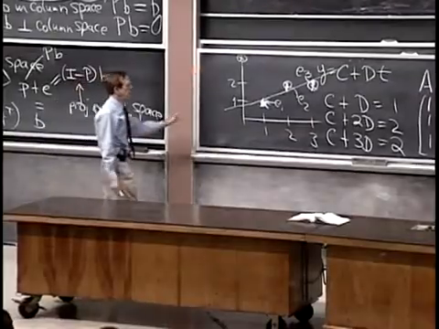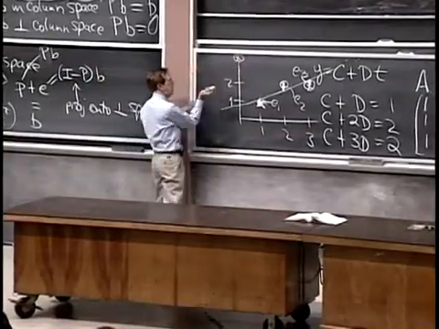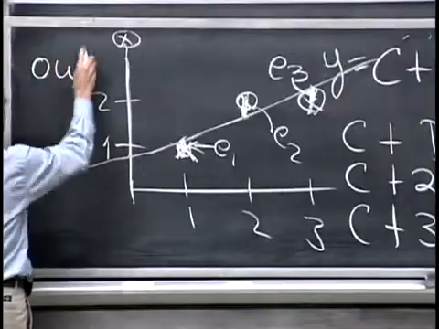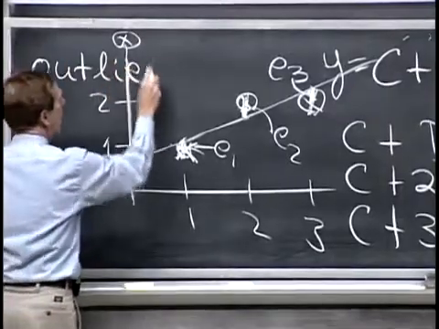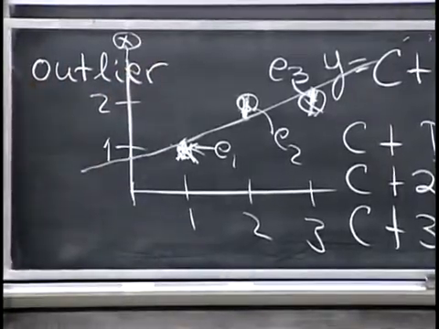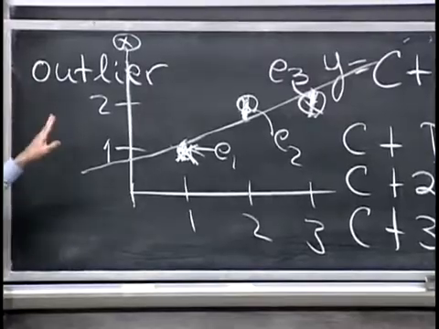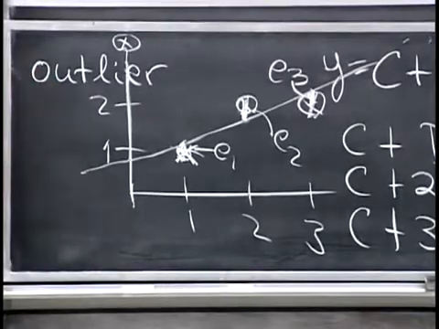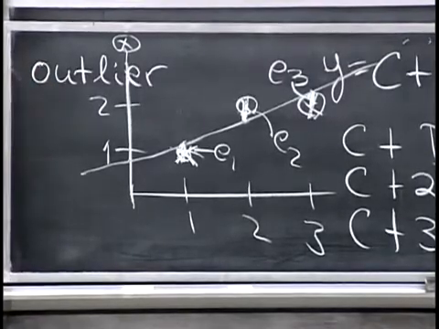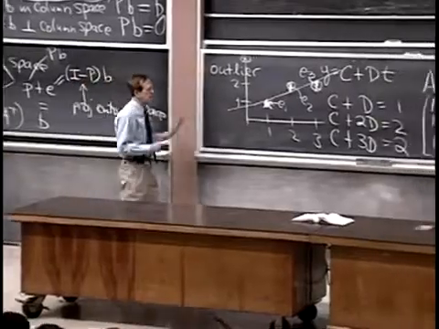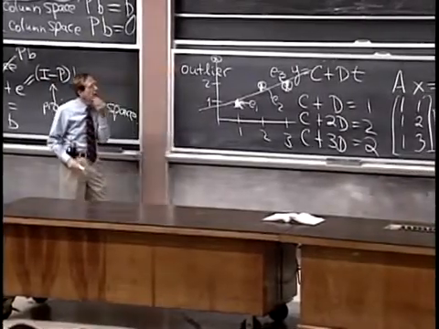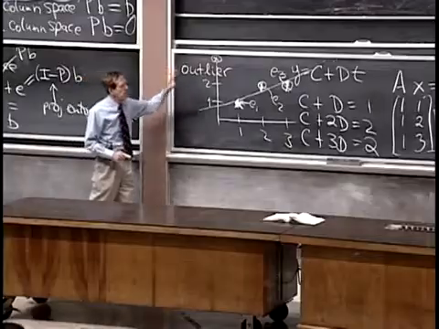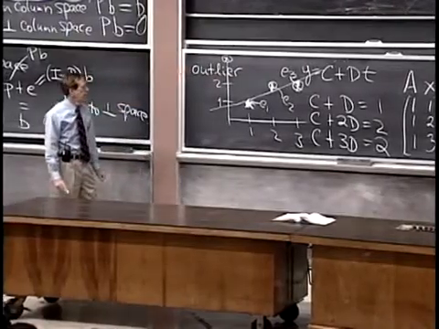So this would be called by statisticians an outlier, and they would not be happy to see the whole problem turned topsy-turvy by this one outlier, which could be a mistake after all. So they wouldn't like squaring. If there were outliers, they would want to identify them.